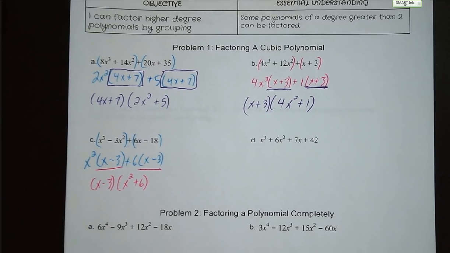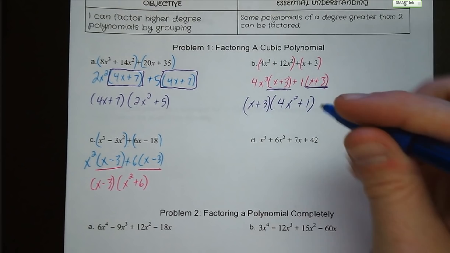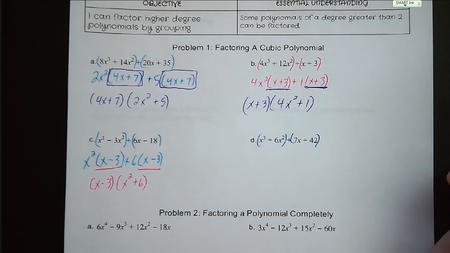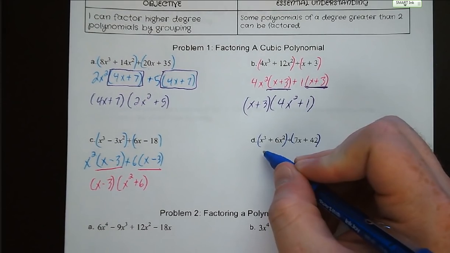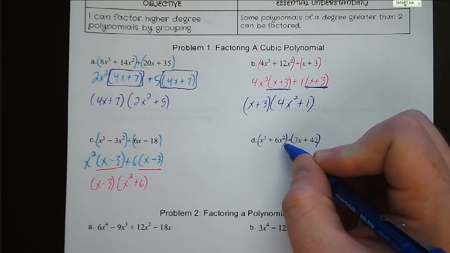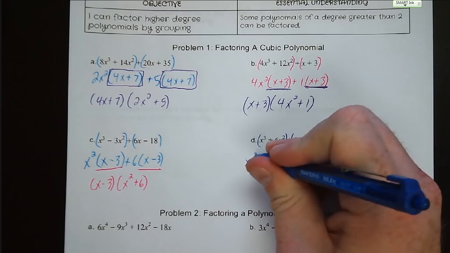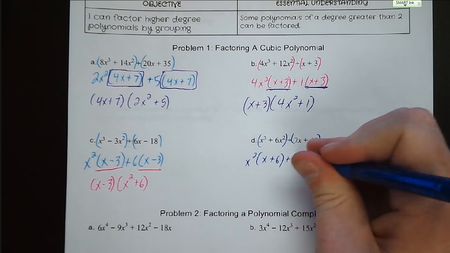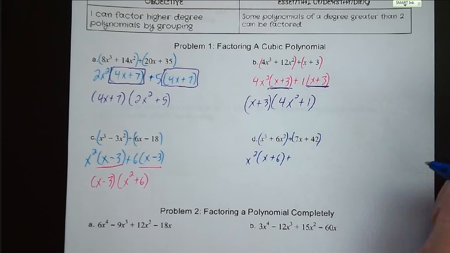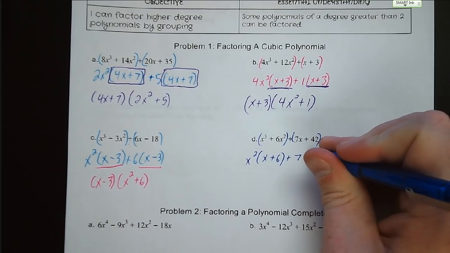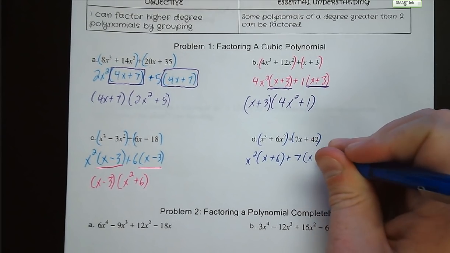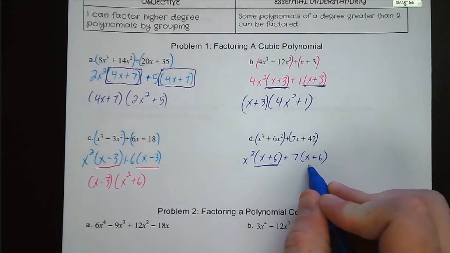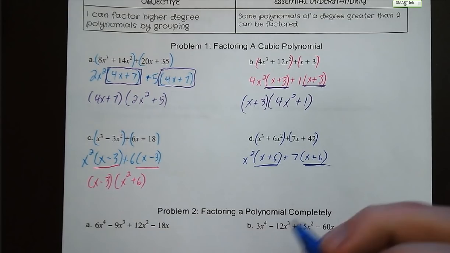Letter D. First off, draw in your parentheses. And let's look at our factors. x cubed and 6x squared. I can bring an x squared out of that, and we have x plus 6. 7x and 42, I can factor out a 7 from that, and I'm left with x plus 6. x plus 6 and x plus 6 are my common factors again.